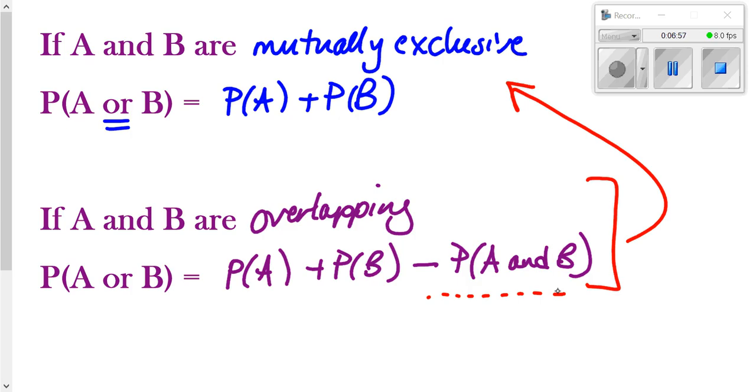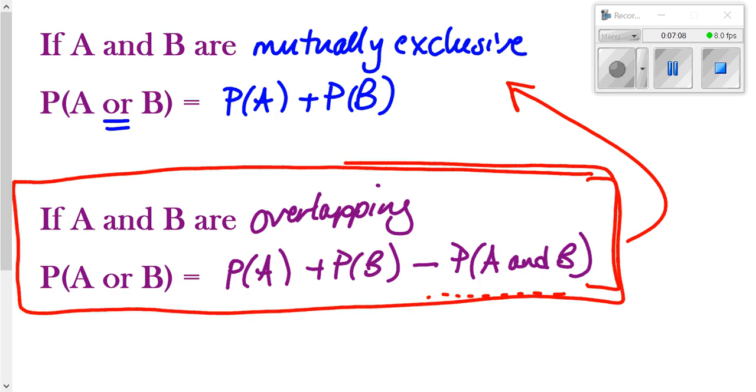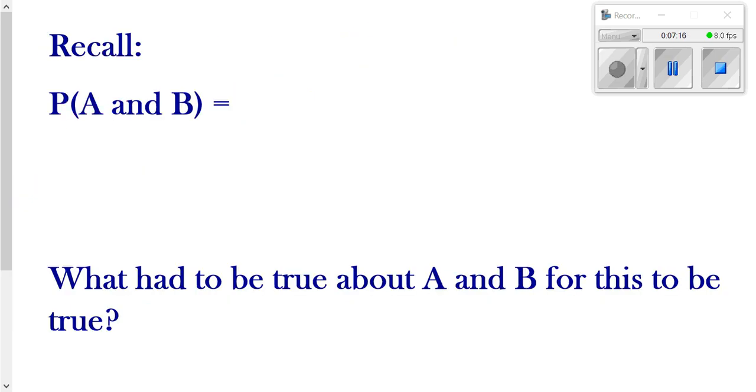So it's actually the purple formula that's at work all the time. It's just that sometimes there isn't an overlap, and so that last term is 0, okay? So this is the most general situation. It will work all the time. This blue formula will only work if the two groups are separate, if they are disjoint.